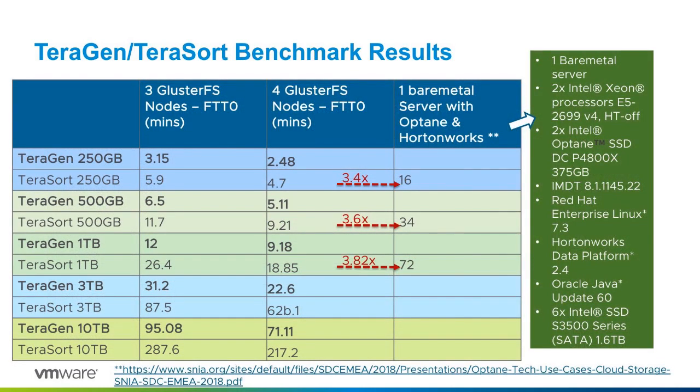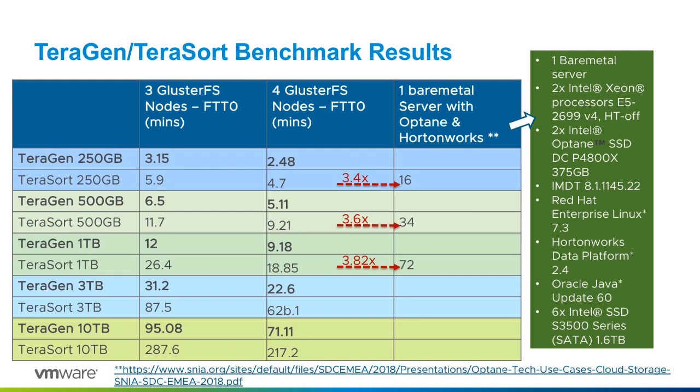Another comparison. Here comes another white paper. It's actually a CNIA white paper in cooperation with Intel. So in this paper, there was 1 bare metal server, which is Purley, Skylake, and Optane. However, Optane in this environment is used as extended memory with IMDT, which is an Intel extended memory technology.